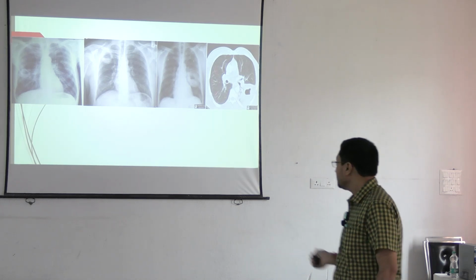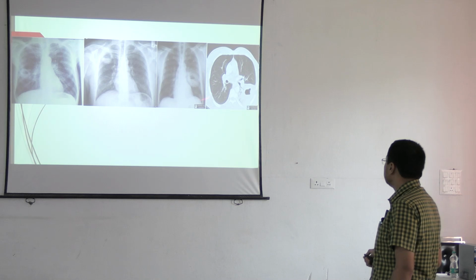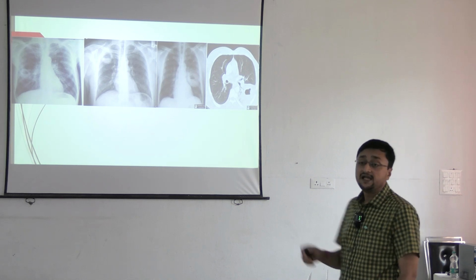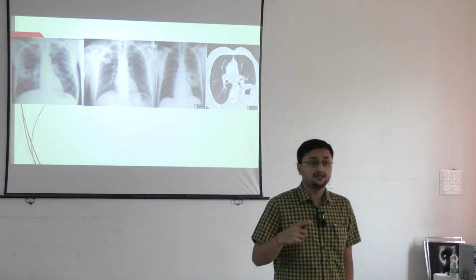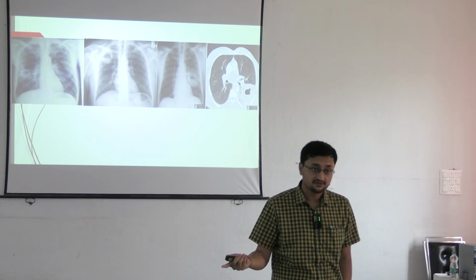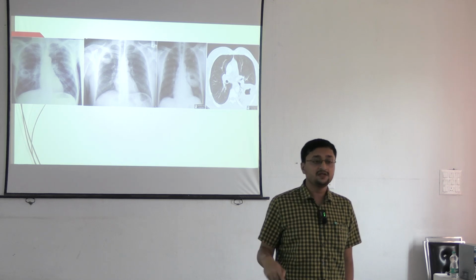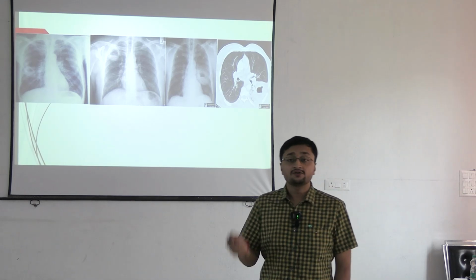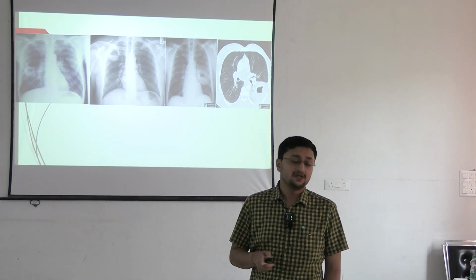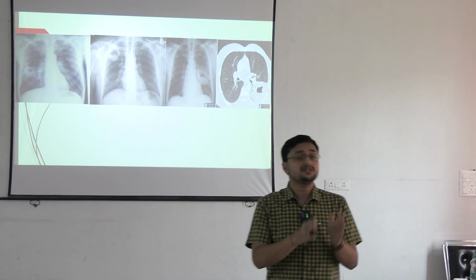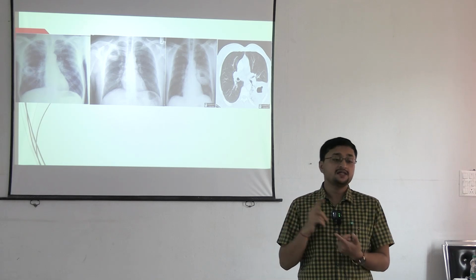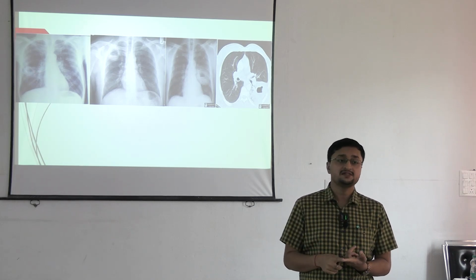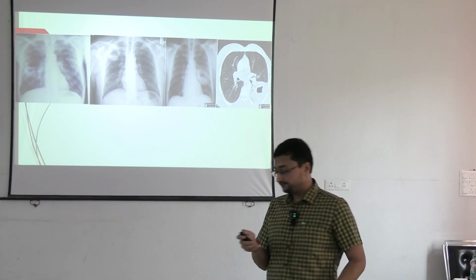So if you encounter a lung abscess at an unusual site, maybe left side or right middle lobe or right lower lobe, then what must you do? You must do a CT thorax, because if the site of lung abscess is unusual, there is every chance of malignancy.